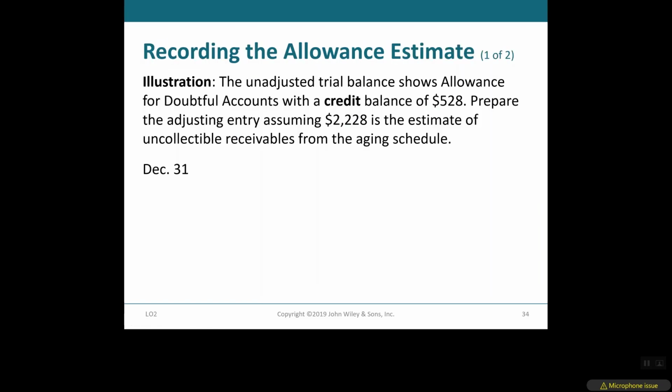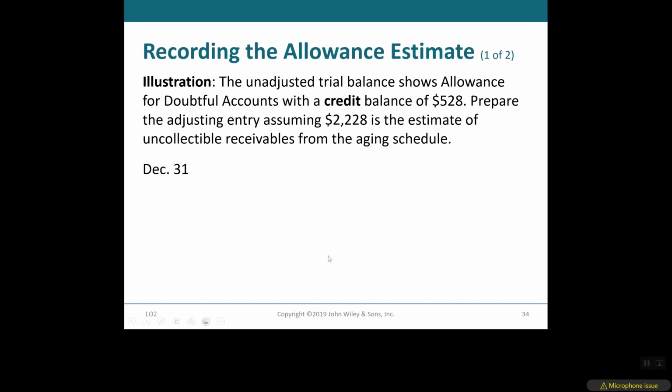All right, so using that balance that we have, let's look at this example. The unadjusted trial balance shows allowance for doubtful debt with a credit balance of 528. Prepare the adjusting entry assuming 2,228 is the estimate of uncollectible receivables from the aging schedule.